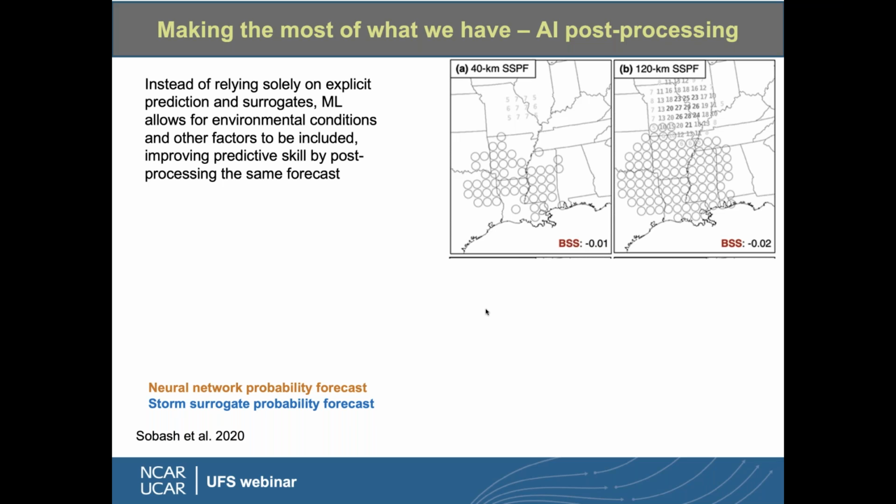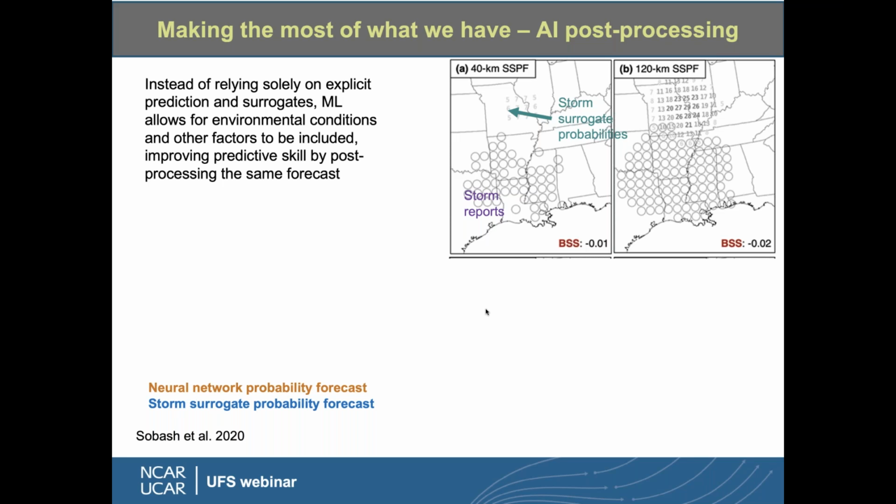In this particular example, this is some work that Ryan Sobash is leading. We have initial storm surrogate probabilities, which are shown by numbers. This is, for instance, taking updraft helicity or something along those lines, which is representative of a supercell storm within a convection-allowing model.